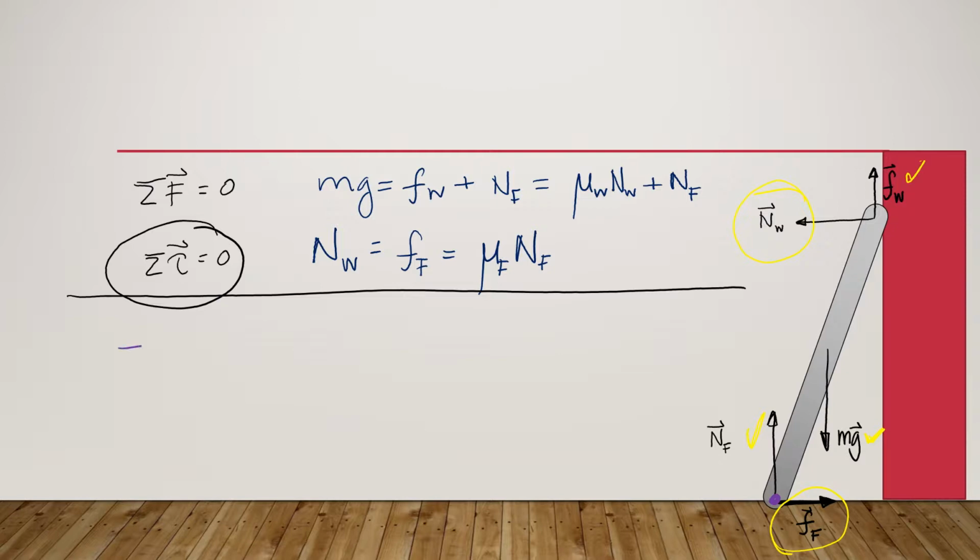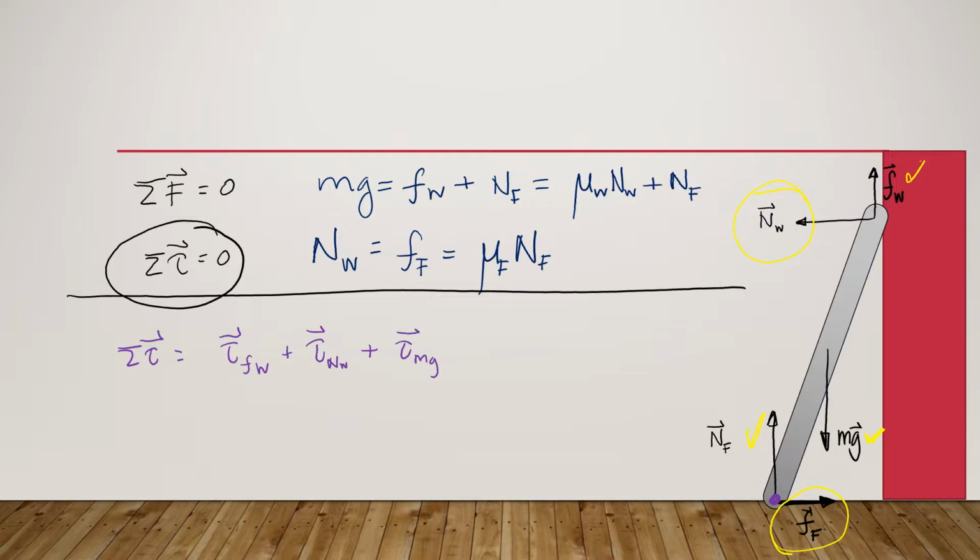And so if I'm writing the net torque, that is the torque from the friction with the wall, the torque from the normal with the wall, and the torque from the weight.